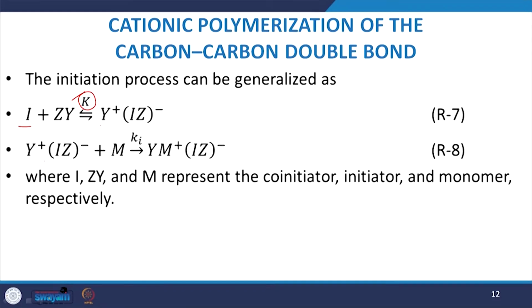Then Y plus IZ may react with a monomer with this rate constant, giving YM plus IZ minus, where I, ZY and M represent the initiator, the co-initiator and the monomer respectively. So, this is the basic chemistry behind this initiation process.